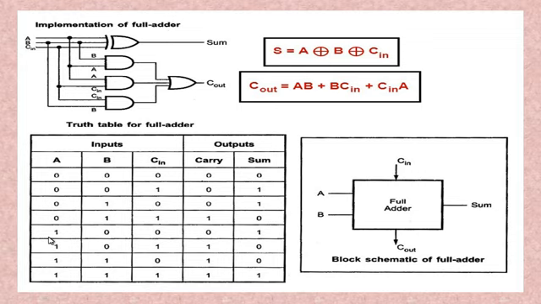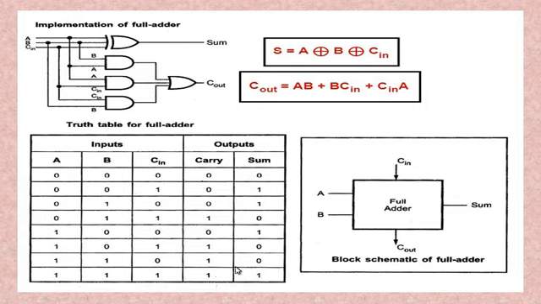In this way, this is next input A1, B0, C0, therefore sum 1 carry 0. In this way, you can check the remaining two conditions. Now observe this last condition. If all the inputs are high, means A equal to 1, B equal to 1, C equal to 1, then sum 1 carry 1.